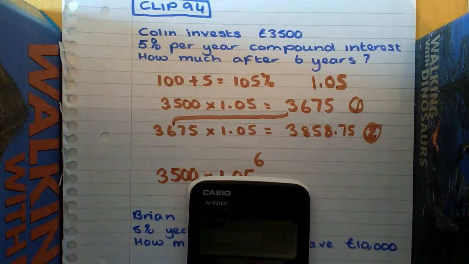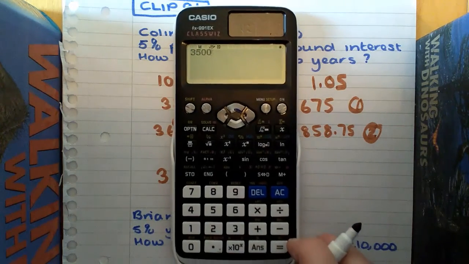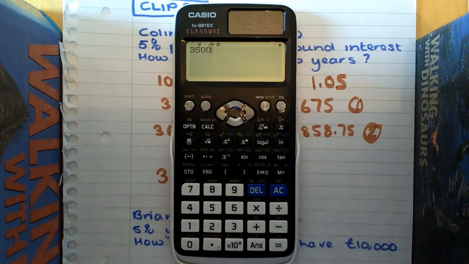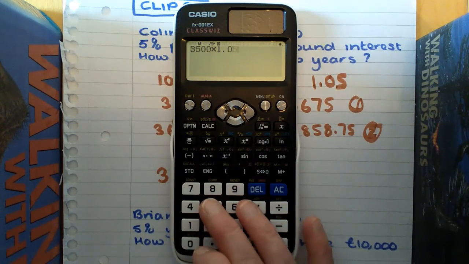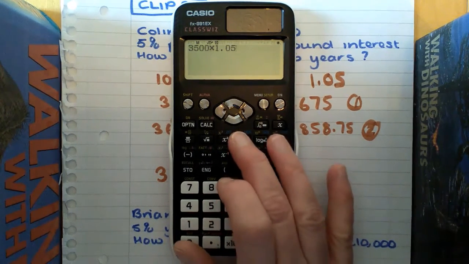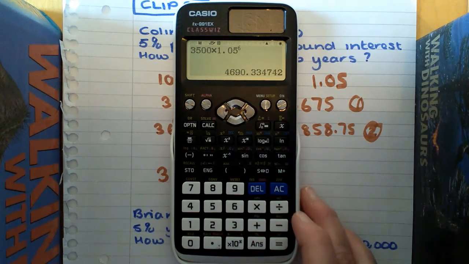3,500, we times it by, see if we can see this on my calculator, there we go, 3,500 times by 1.05 to the power 6 equals 4,690. And remember, because it's money, we round to 2 decimal places.